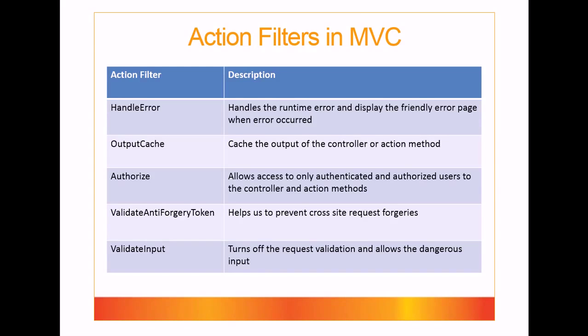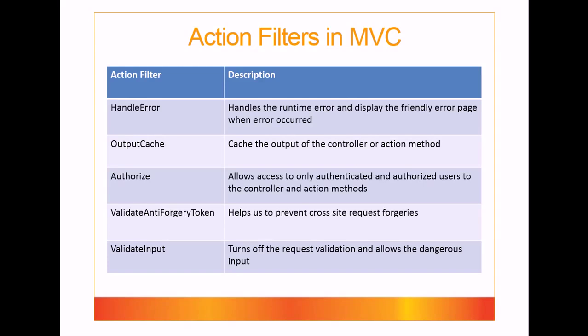The user will be annoyed by seeing those messages. So instead of that, we can use this particular handle error action filter and use it globally in the application. So whenever any runtime error occurs, we can display a friendly error page.